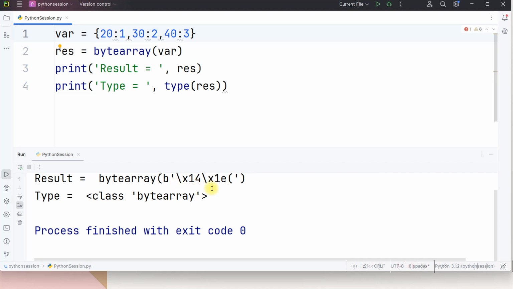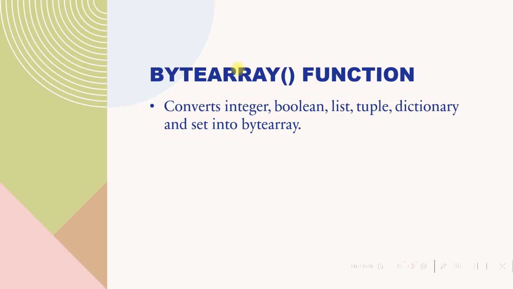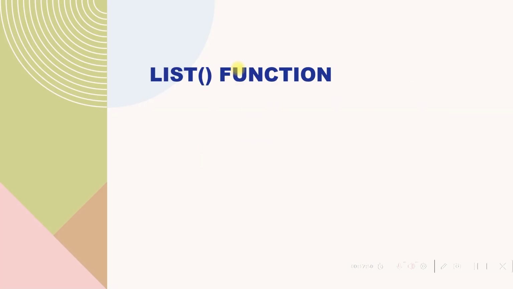So this is how we can use the bytearray function to convert integer, list, tuple, dictionary and boolean value into bytearray.